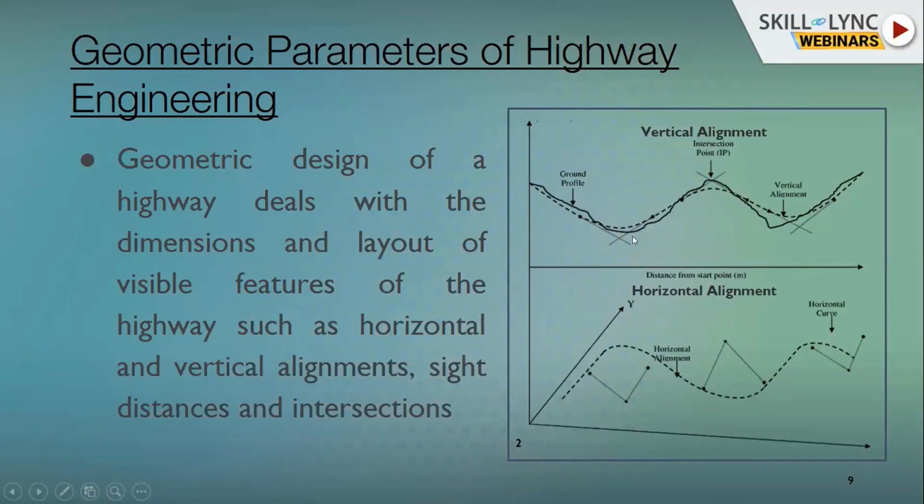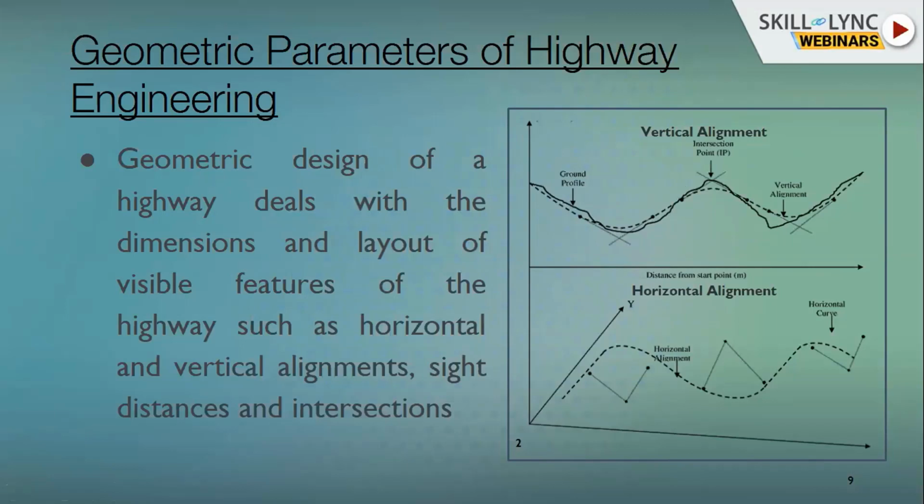Two straights are called grades here, which are connected by a curve, which may be a sag curve or a hog curve. A sag curve is a downfall connecting to a point which is called sag, and the hog is the upper gradient and down gradient meeting, which is called a hog curve, or a valley curve. Those kinds of parameters will be used for the design of the vertical alignment.